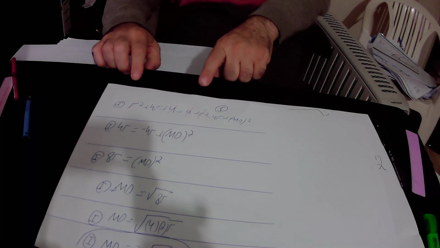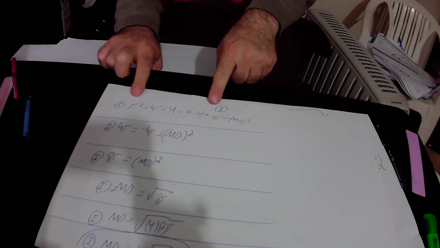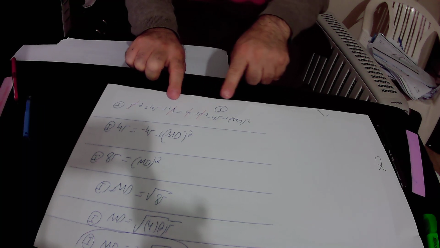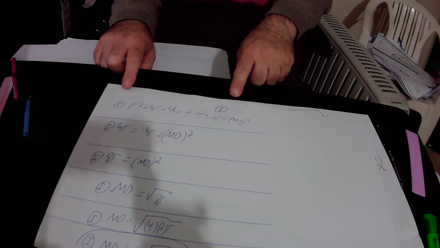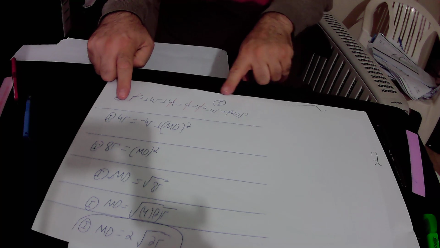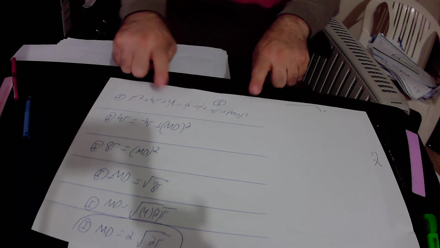Here we have R squared on both sides of equation number 1, so R squared will get cancelled, and we have 4 on both sides, so 4 will also get cancelled. After we cancel those expressions, what is left from equation number 1 is that 4R equals minus 4R plus MD squared.